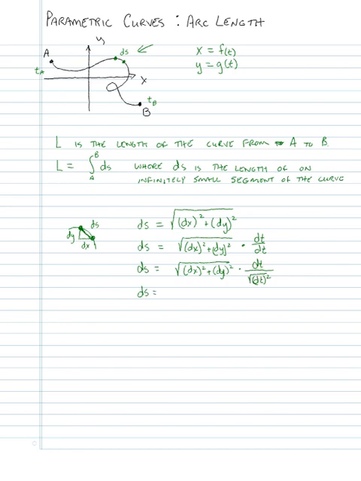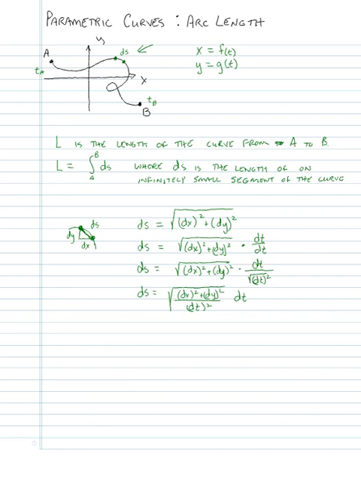So this really ends up being, I'm trying to conserve space when I probably shouldn't. That ends up being a dx squared plus a dy squared under the radical, and also a dt squared in the denominator, and a dt outside here. I just multiplied those two radicals together. Okay, we should be familiar with that.